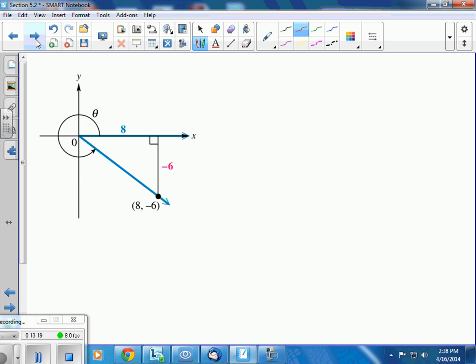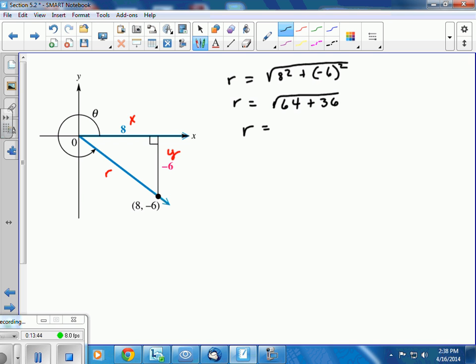So let's put that on there. This is my x, this is my y, but I do need to find r, don't I? So r is equal to the square root of 8 squared plus negative 6 squared. R would then be equal to the square root of 64 plus 36. R, of course, is equal to the square root of 100, which, of course, is simply 10.